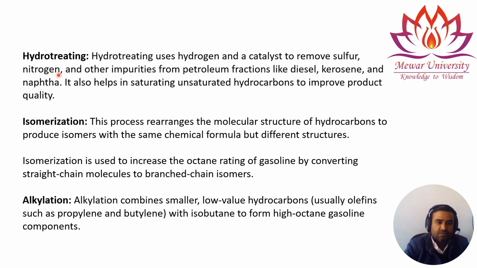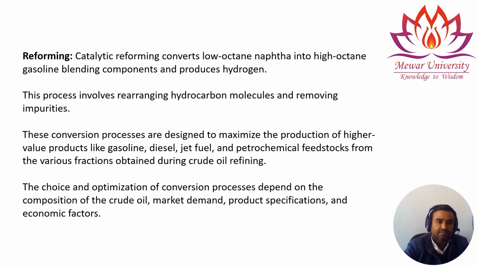So next, coming to another slide, we have reforming, that is another conversion process in the refinery. In reforming we have catalytic reforming that converts the low octane naphtha into a high octane gasoline blending component and produces hydrogen.